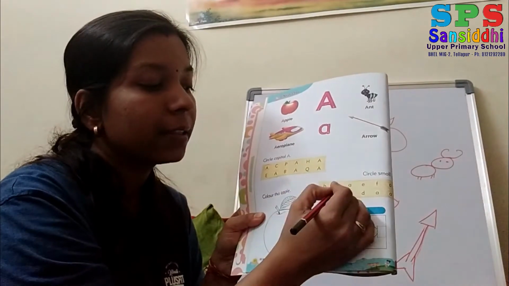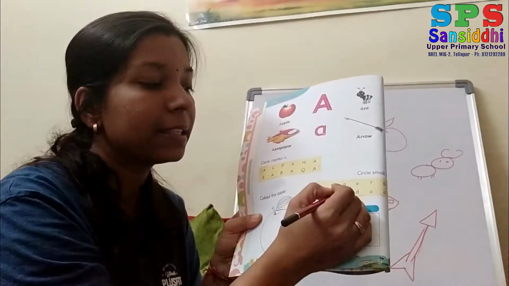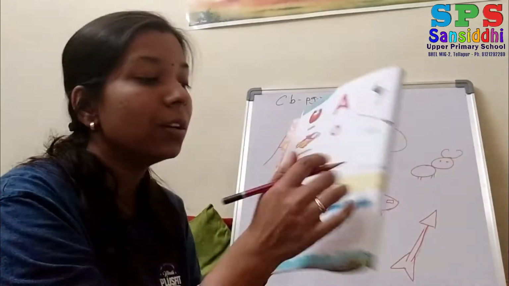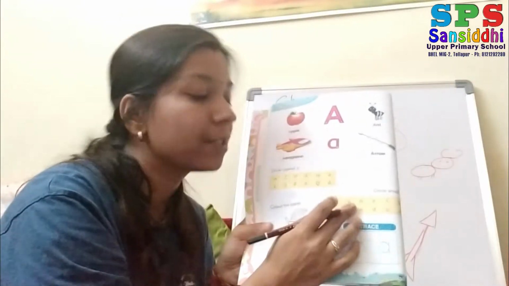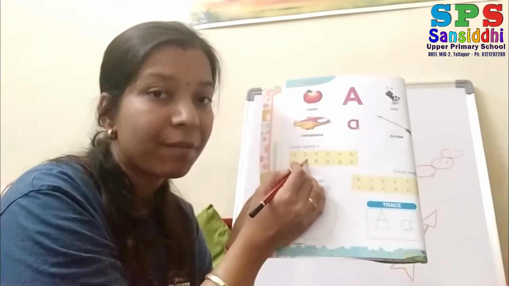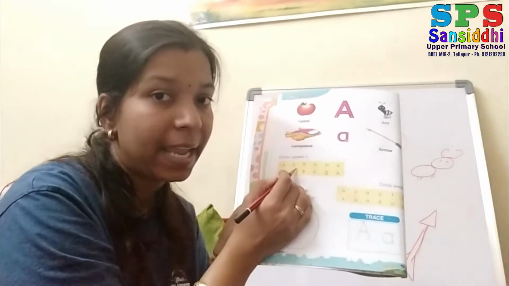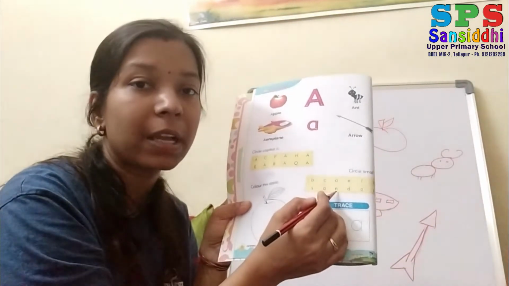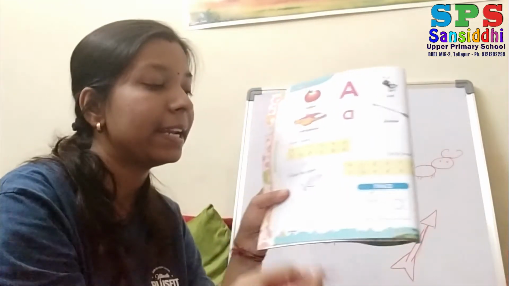Now these are the other letters B, C, N, D, F, S. So don't circle these letters. You have to circle only small letters. So here you have to circle only capital A letters and here you have to circle only small A letters.